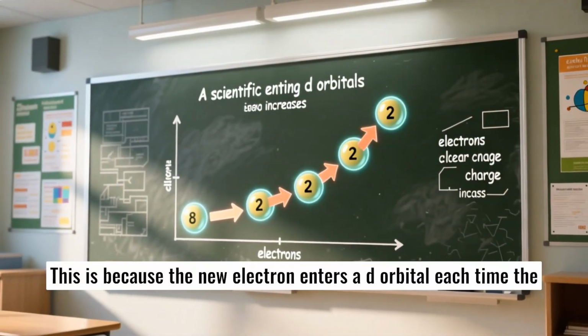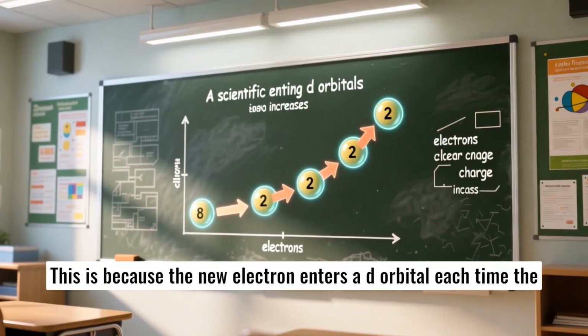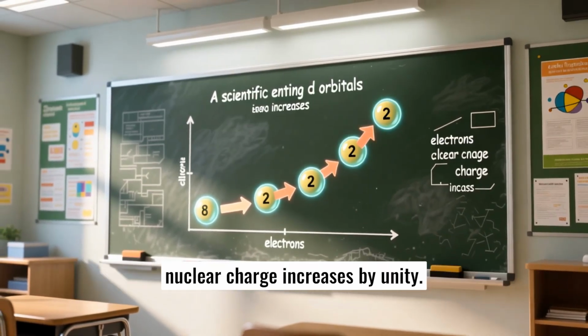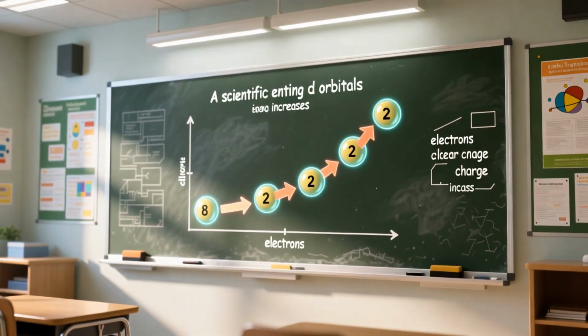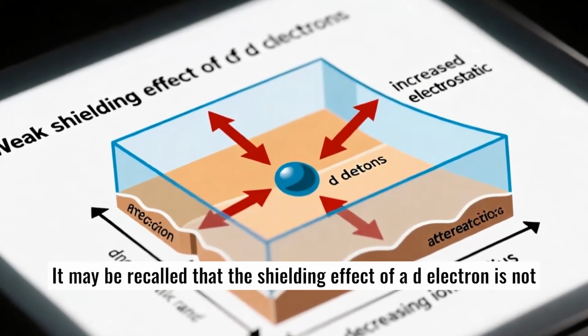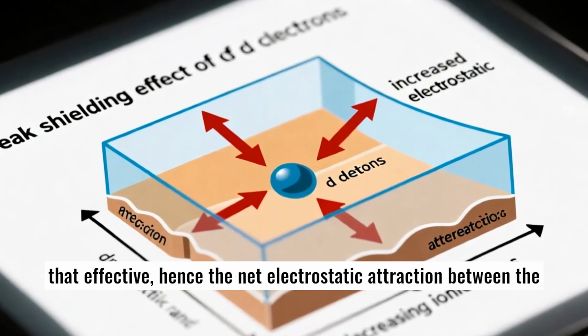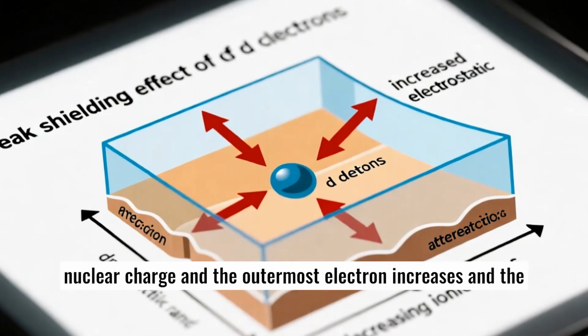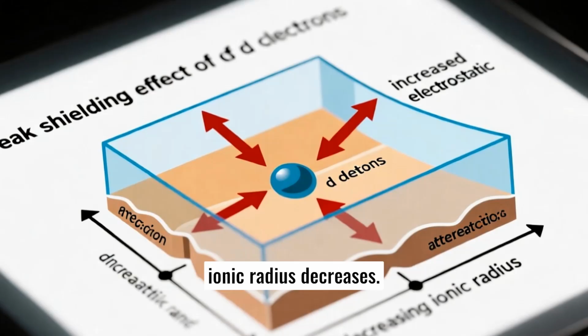This is because the new electron enters a d orbital each time the nuclear charge increases by unity. It may be recalled that the shielding effect of a d electron is not that effective. Hence, the net electrostatic attraction between the nuclear charge and the outermost electron increases and the ionic radius decreases.